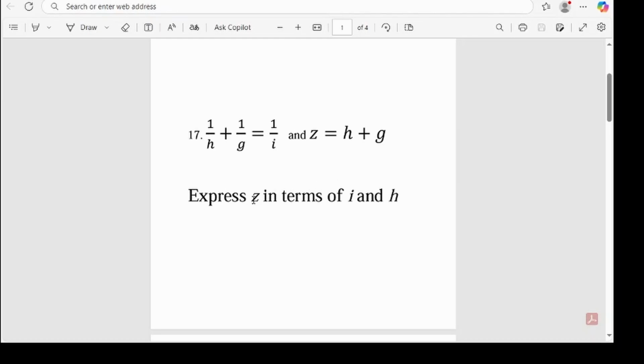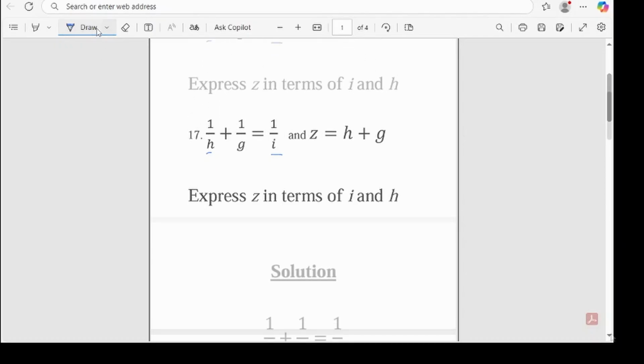So here, they are saying express z in terms of I and h. That means we have to make j the subject of the relations, right?